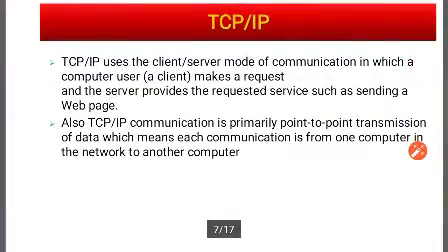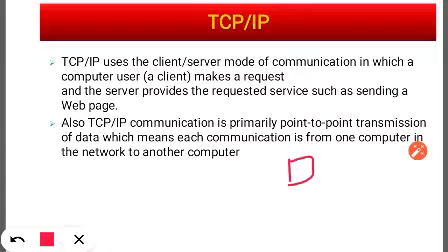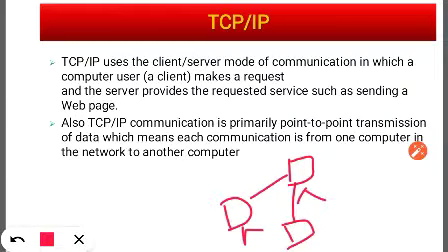Let us have some more points on TCP/IP. This TCP/IP uses client-server mode. I guess all of you know what client-server is, but let me explain again. A client-server network is one where we have a server which is connected to all the clients, all the computers and other devices.